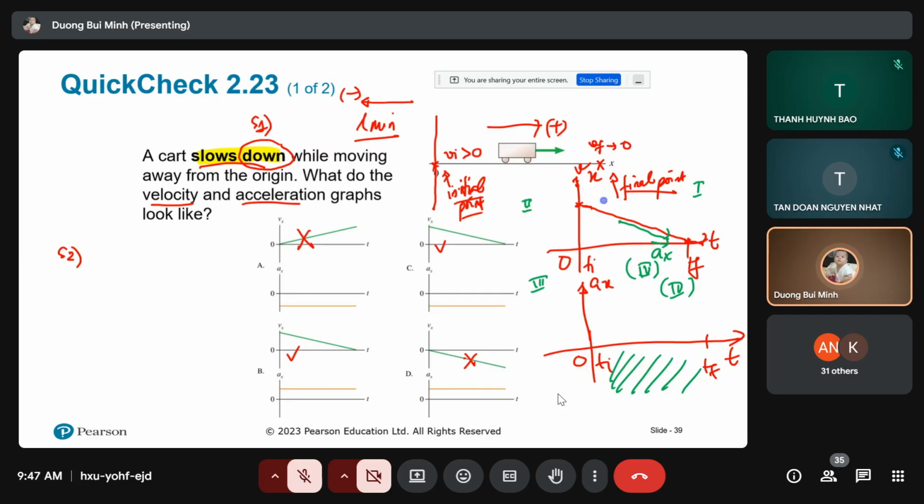But now Vx is positive, and Vx is slowing down. So I think that's okay. For now, Ax should be negative, right? Ax should be negative.